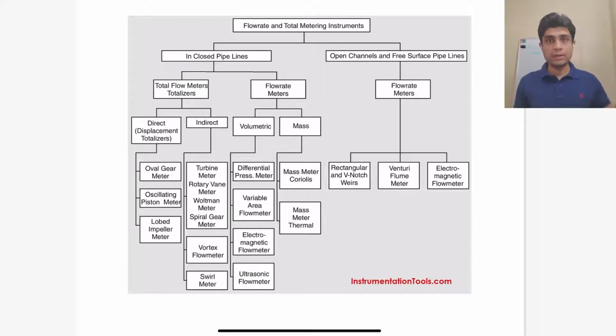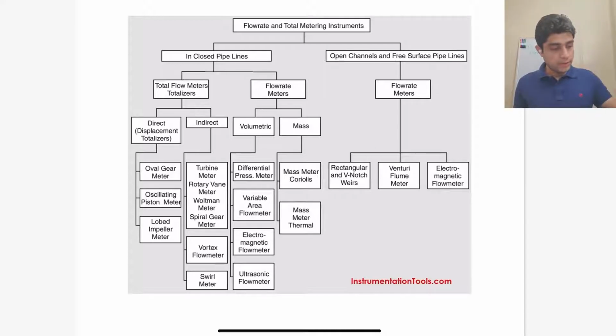So for each of these applications we have different techniques and different flow meters. In this lecture you will get to know about these different flow meters and their advantages, disadvantages, and their range of applicability, so that if you want to measure flow in any of your applications, you would be able to decide which flow meter to use.